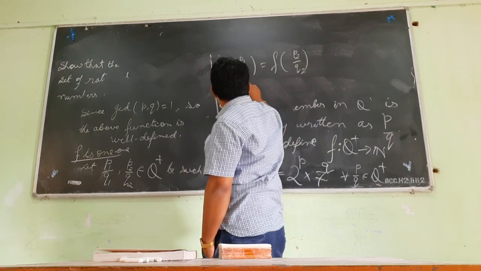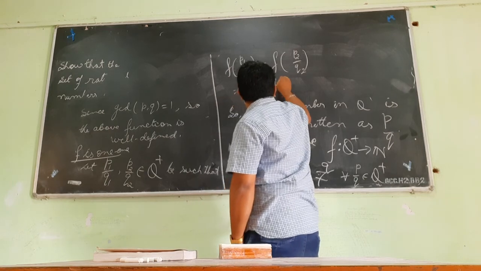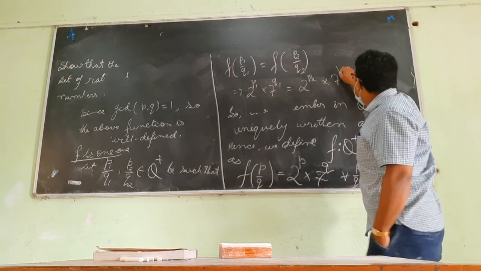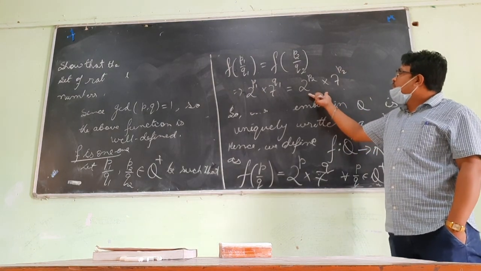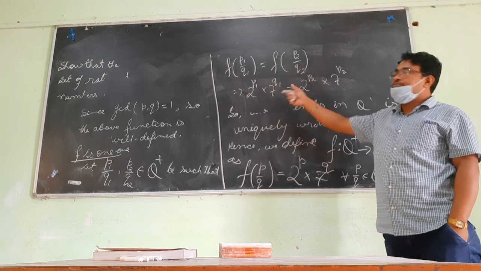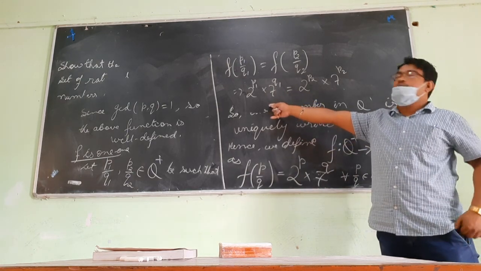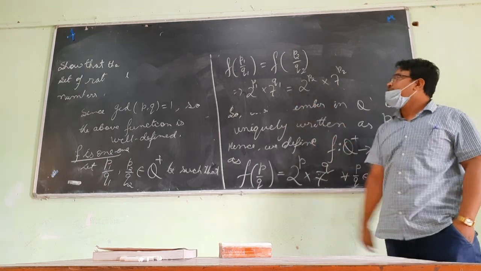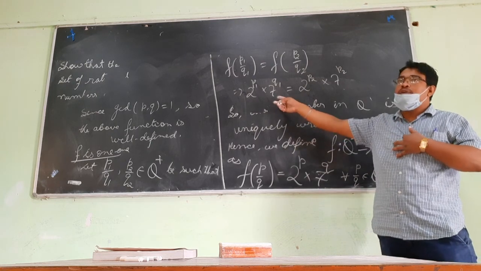This means 2 to the power p1 into 7 to the power q1 equals 2 to the power p2 into 7 to the power q2. This is the prime factorization of the same number. Because there is an equality, these two numbers are equal, and these are their prime factorizations.